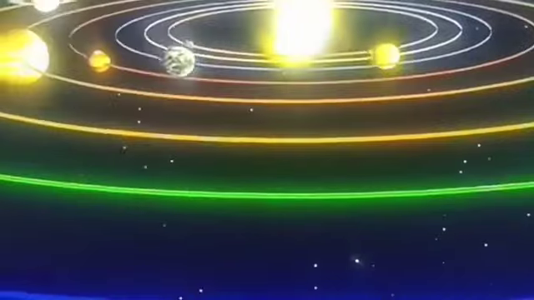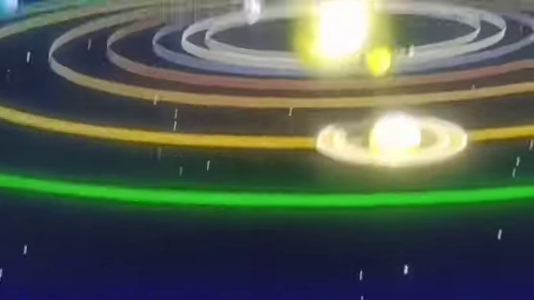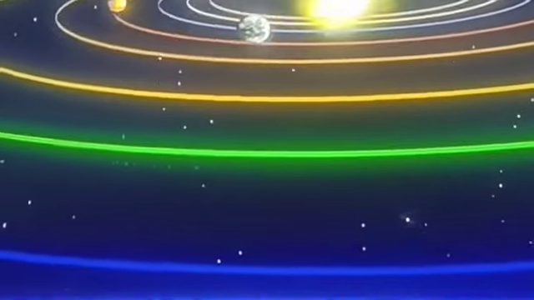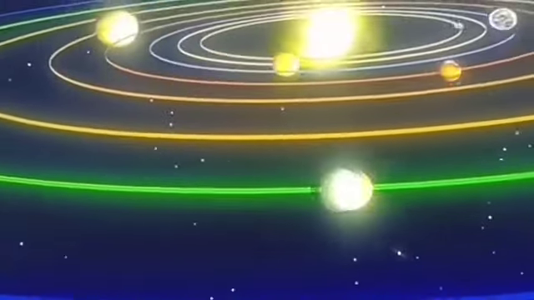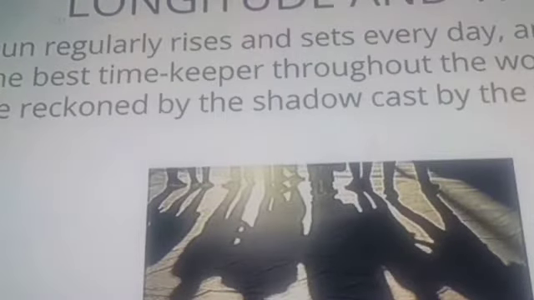Longitude and time. The best means of measuring time is by the movement of the earth, the moon and the planets. The sun regularly rises and sets every day, and it is the best timekeeper throughout the world. Local time can be known by the shadow cast by the sun.